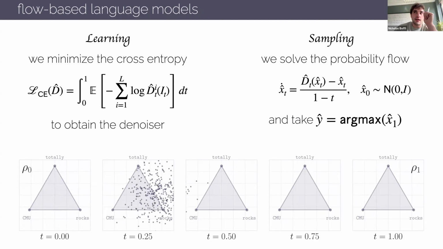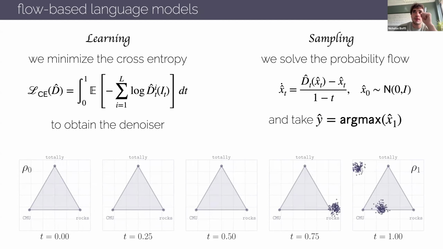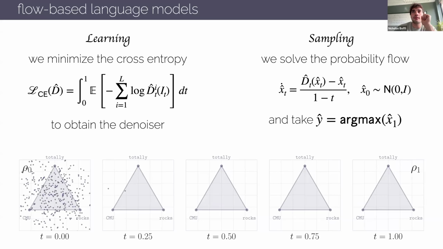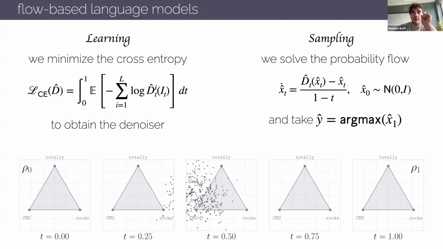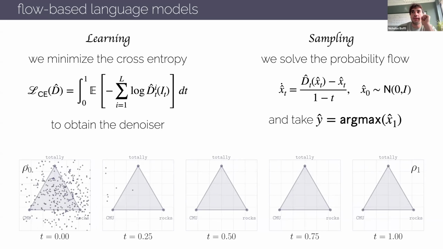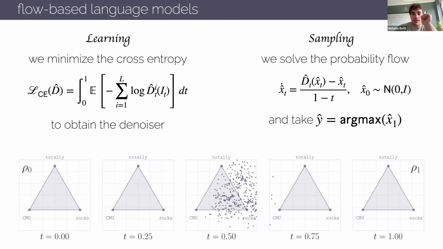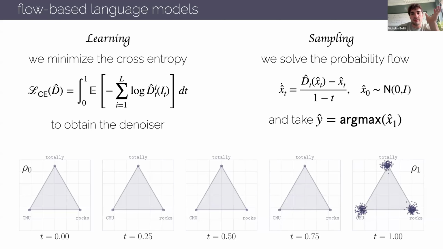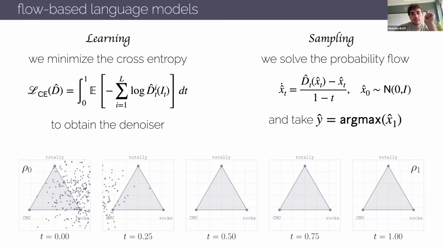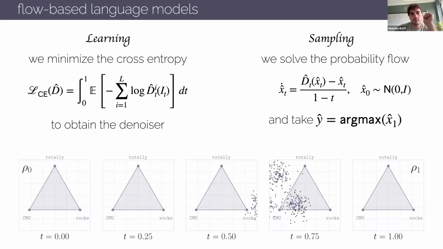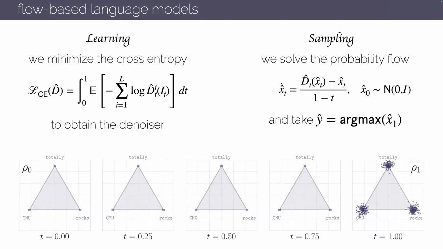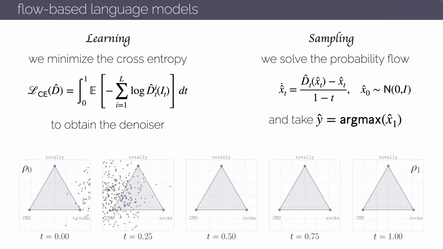To solve this equation, I draw an initial sample from a Gaussian. I plug my denoiser estimate into that conversion formula for the flow that I wrote down previously. I solve this up to time 1, and then I take its argmax to recover a sample. Is everything clear? Yes, for me. Okay.